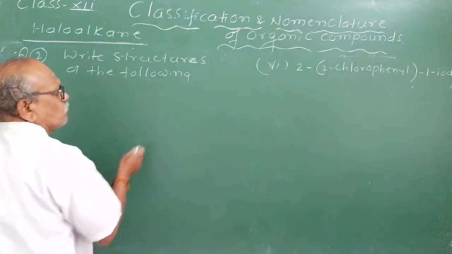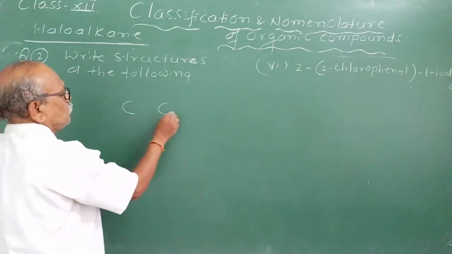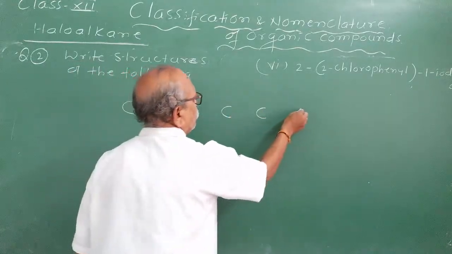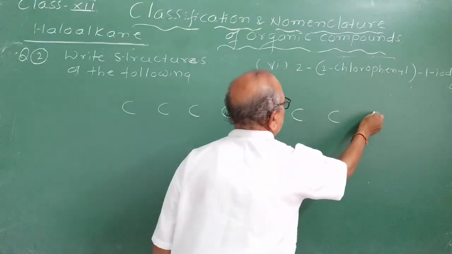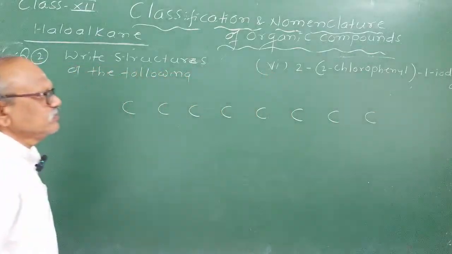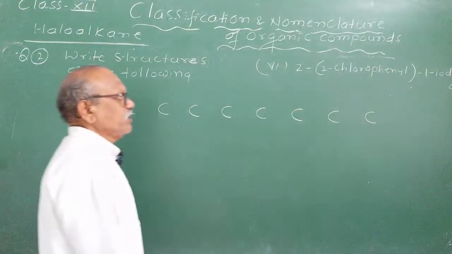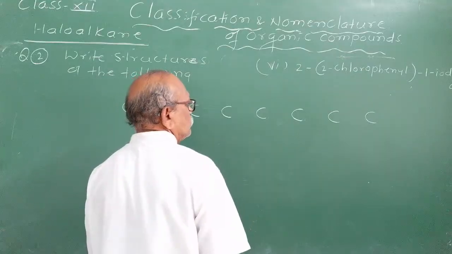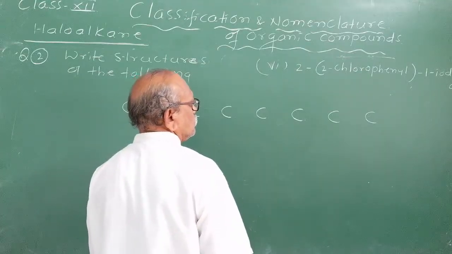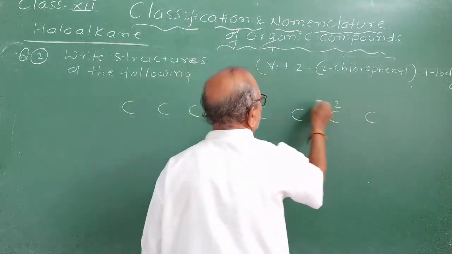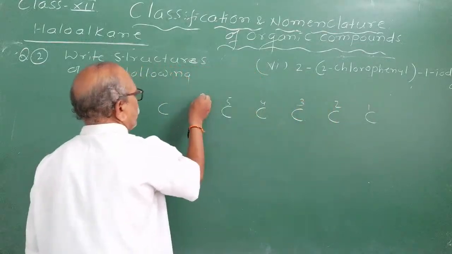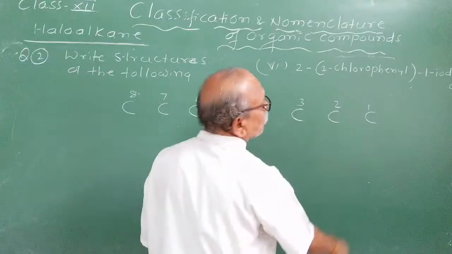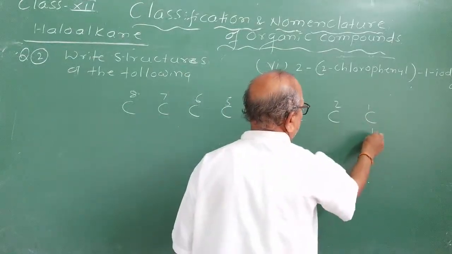Last one in this set. 1, 2, 3, 4, 5, 6, 7, 8. Number them. Now you take 1-iodo, which means to the first carbon atom I have to link what?